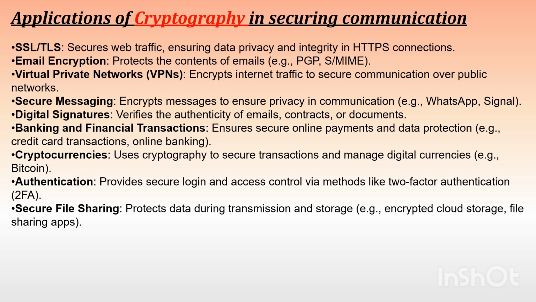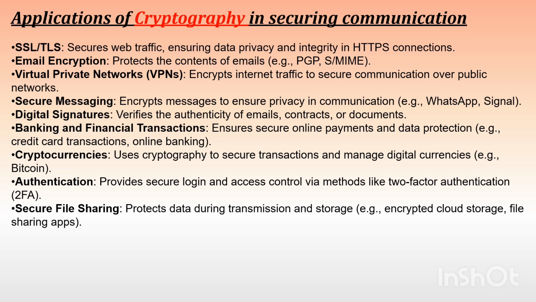Next is secure messaging. It encrypts the message to ensure privacy. For example, WhatsApp. WhatsApp uses end-to-end encryption to secure messaging between two users or more than two users. Digital signatures. It verifies the authenticity of emails, contracts, and documents. Banking and financial transactions.